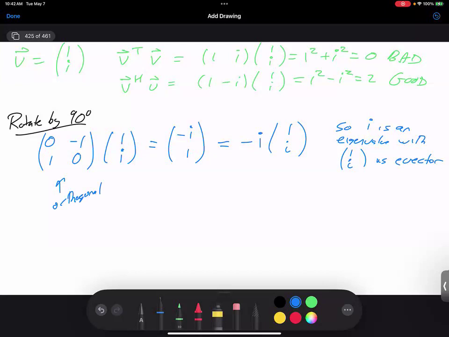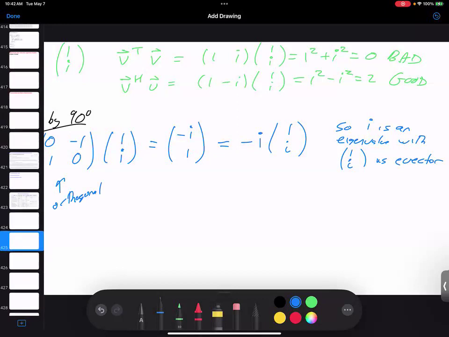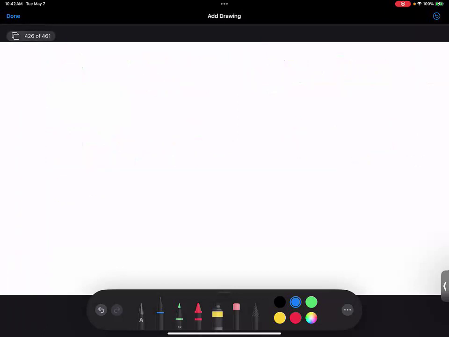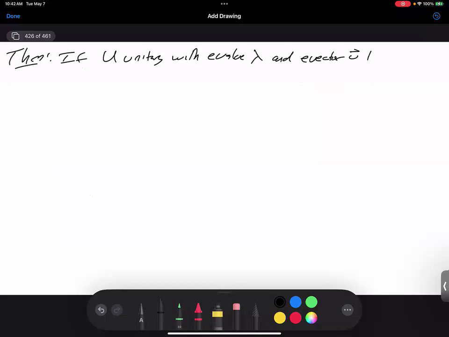Okay, so let's quickly prove that the eigenvalues of a unitary matrix have absolute value 1. So theorem: if U is unitary with eigenvalue lambda and eigenvector v, then the absolute value of lambda equals 1.